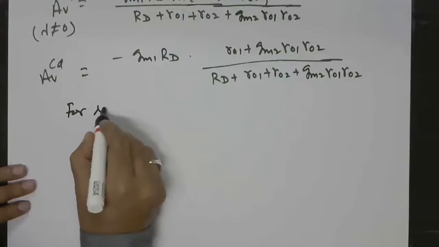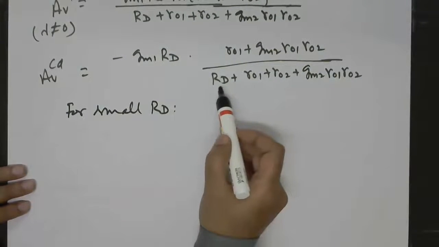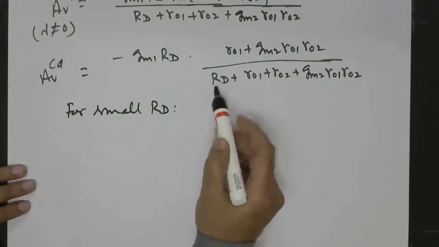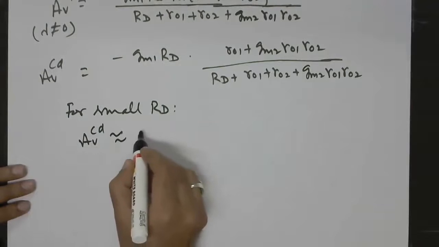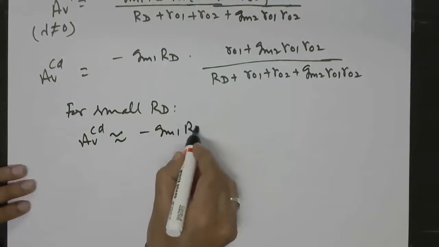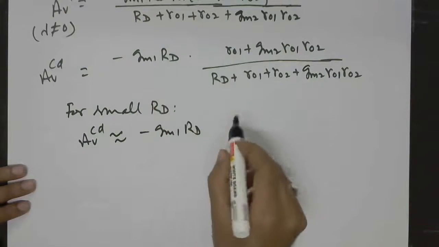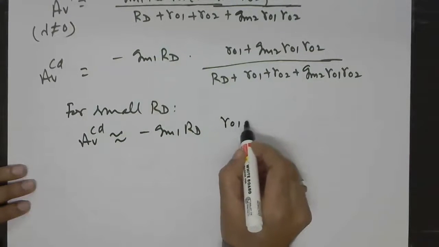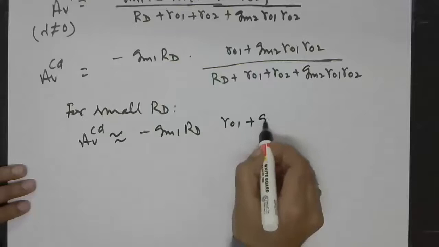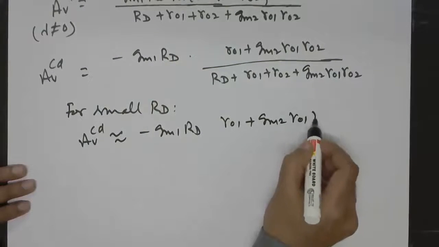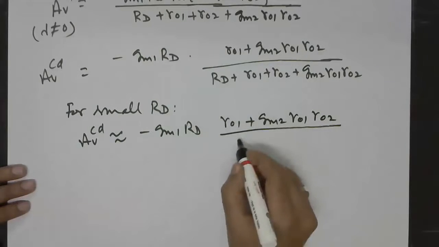So for small RD, when RD is small, this term can be neglected. So this Av cascode becomes minus gm1 RD. This is a product, so this cannot be overlooked. So this has to be there. And we have gm2 ro1 ro2 divided by RD can be now removed.